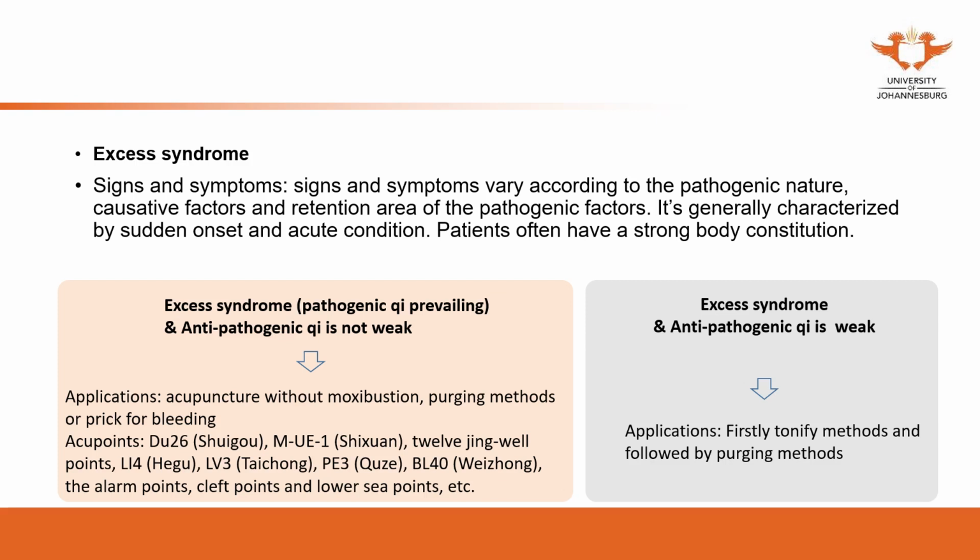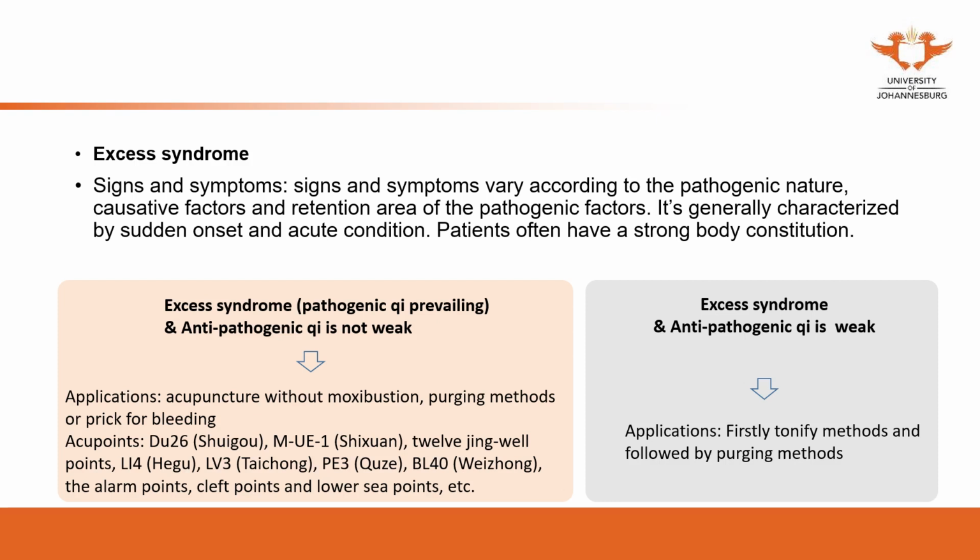Shuigou (GV26) is one of the most important points for reducing. However, we also need to keep in mind that GV26 is quite painful. So you need to think again whether you want to use this point or not. Shixuan and the 12 Jing-well points are all quite painful, especially Shixuan.